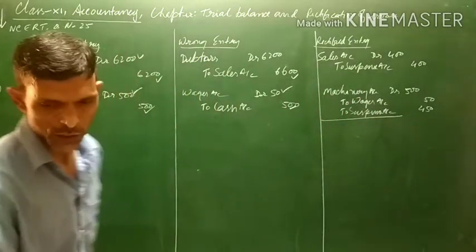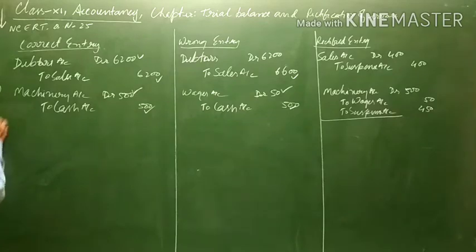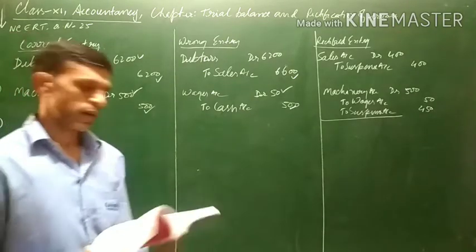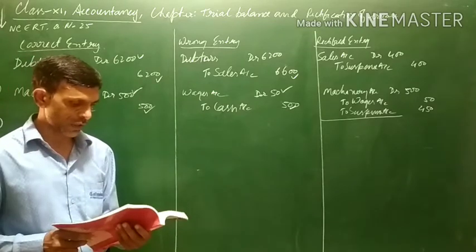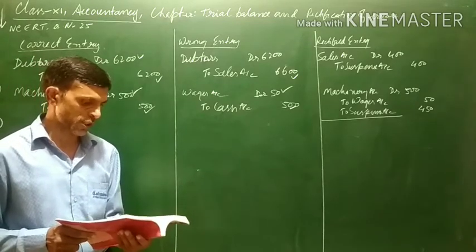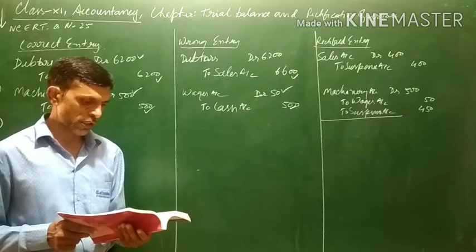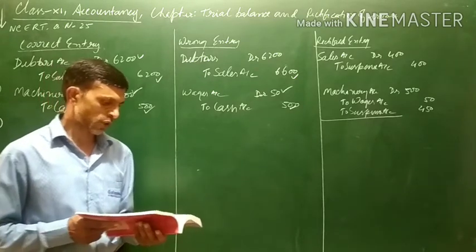Now let us come to the third one, part C. Machine purchased from R&R company for 10,000 on credit was entered in the purchases book as 6,000 and posted to R&R company as 1,000.